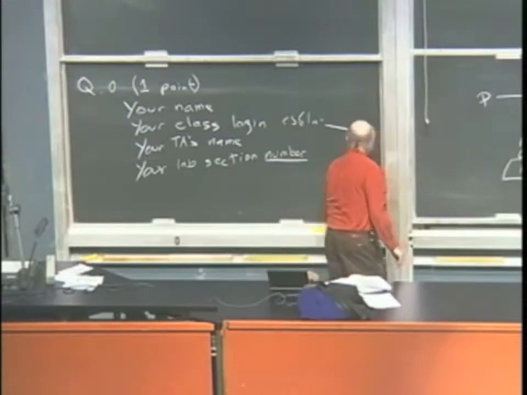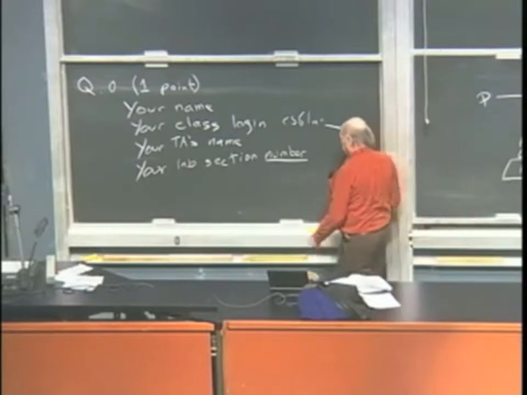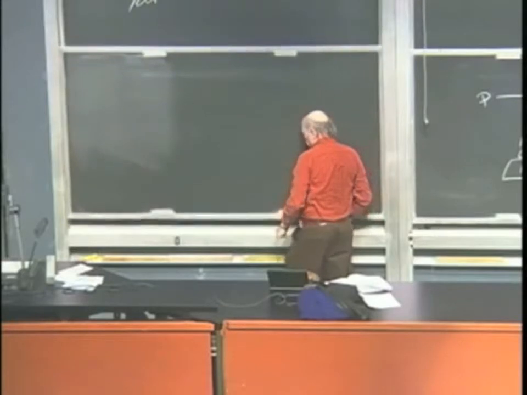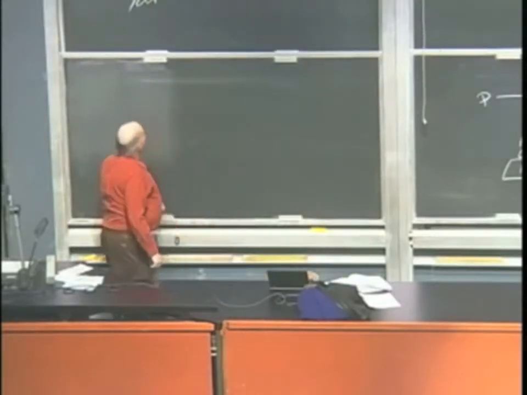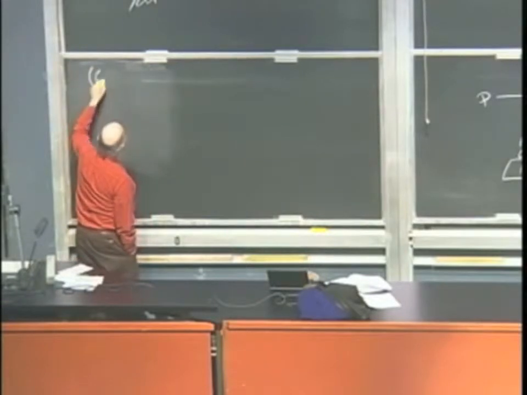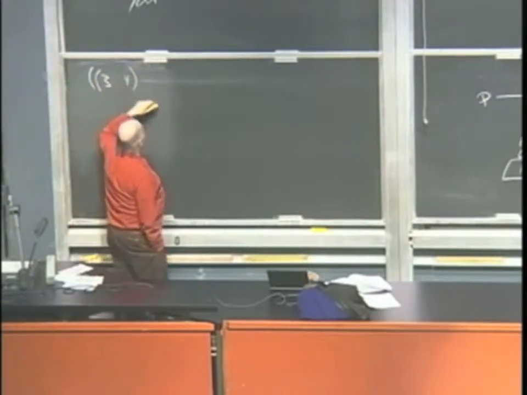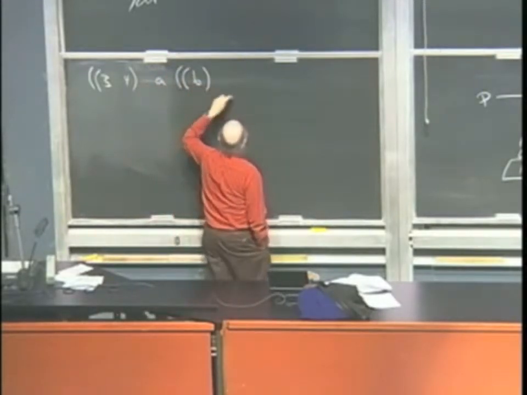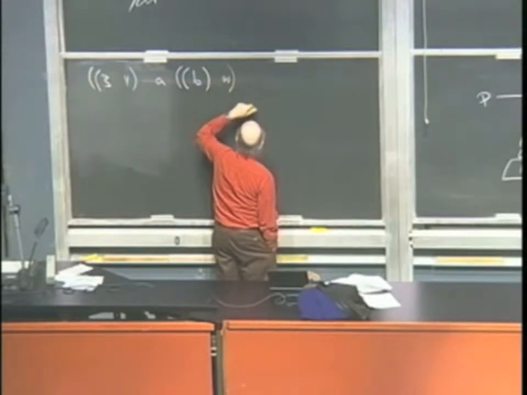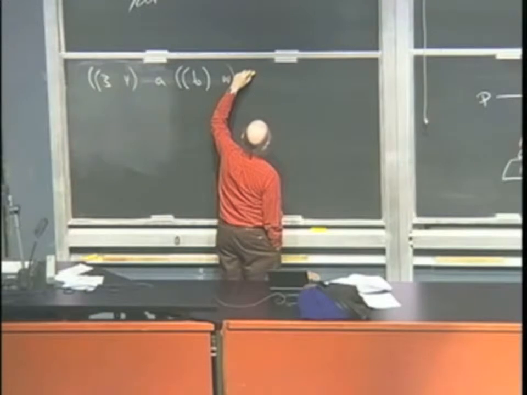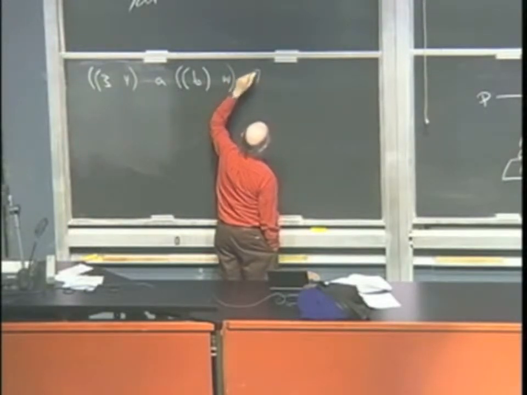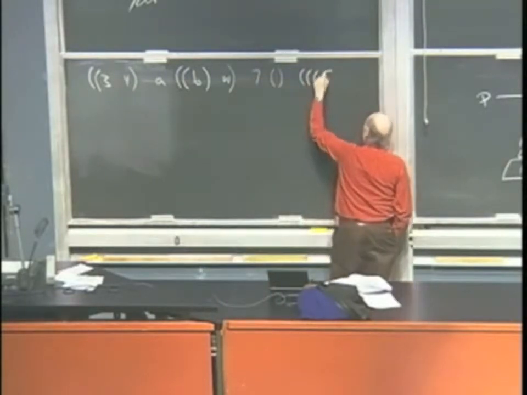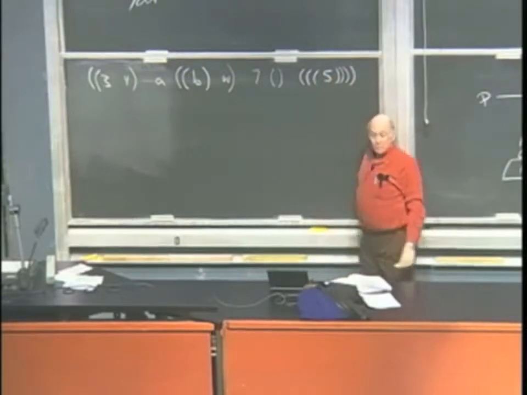So here's how we draw a box and pointer diagram. Let's draw the box and pointer diagram for this list.